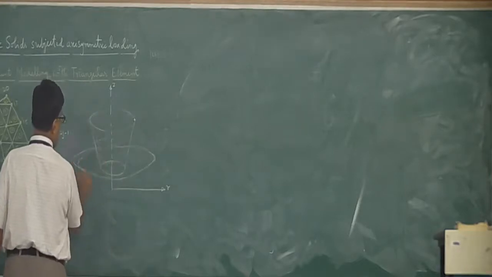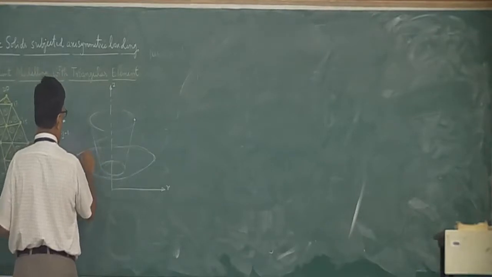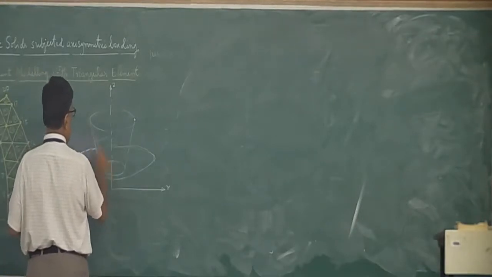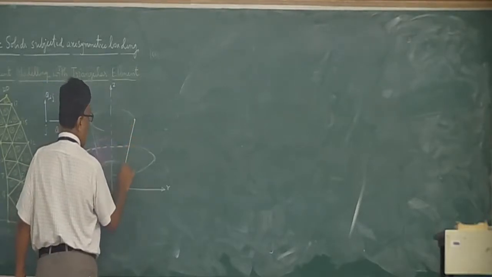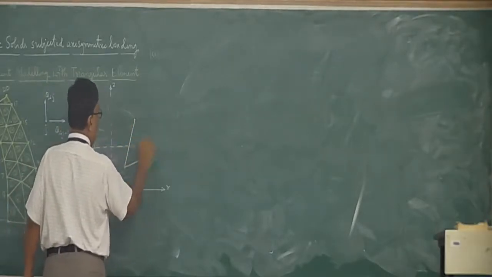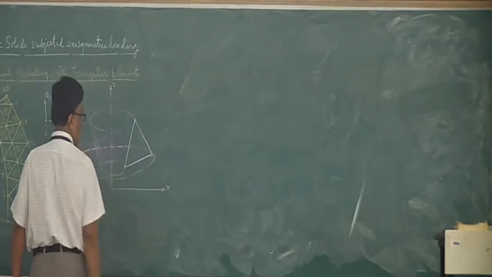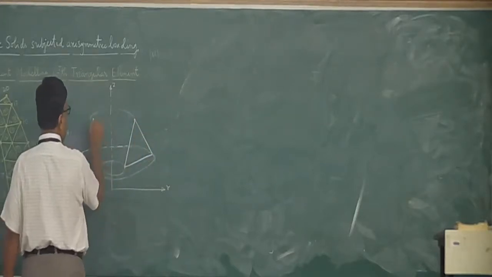See here, this I am considering like this. This is all dotted. This is the triangular element that I am using here now. Here, this is the triangular element, and this is the same thing.